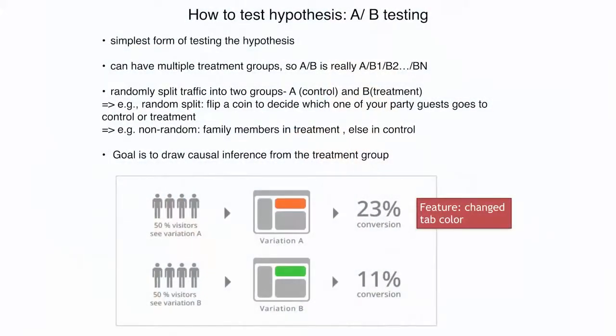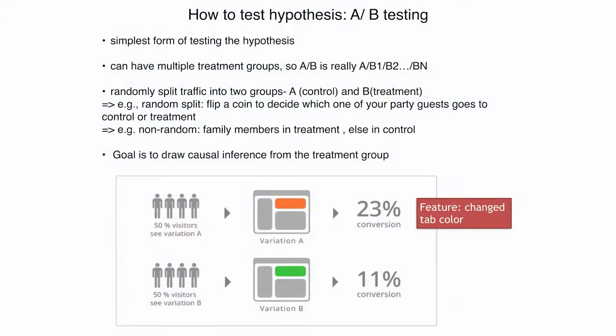You have incoming traffic. Let's say in this figure 50% of visitors to your website see some variation. In this case, the color of one of the tabs has changed from red to green.